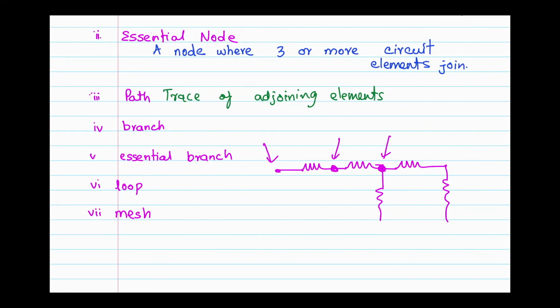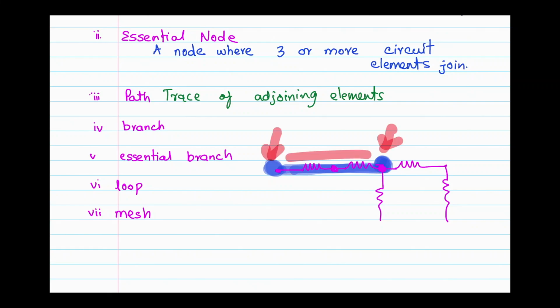Now what we call a branch is the path between two nodes. Here is a node and here is a node. The path between that is called a branch. Okay, the same thing here. You see, there is a node right here, there is another node right here, and the path or the connection between these two nodes, the path in between them is called a branch as well.